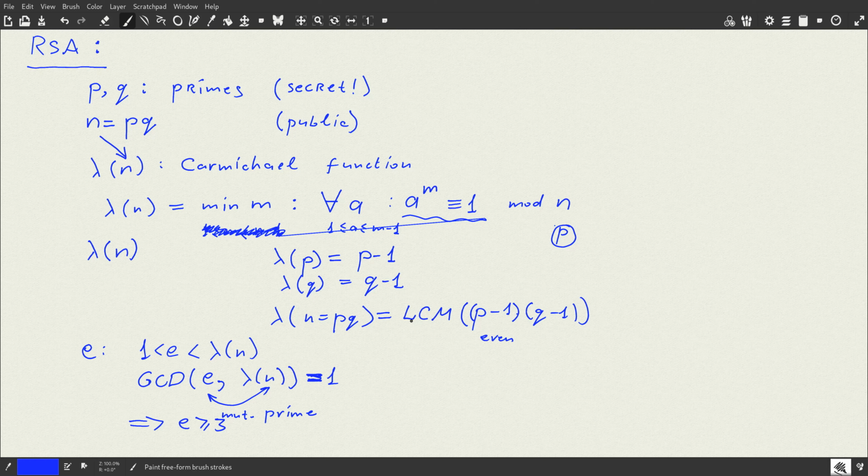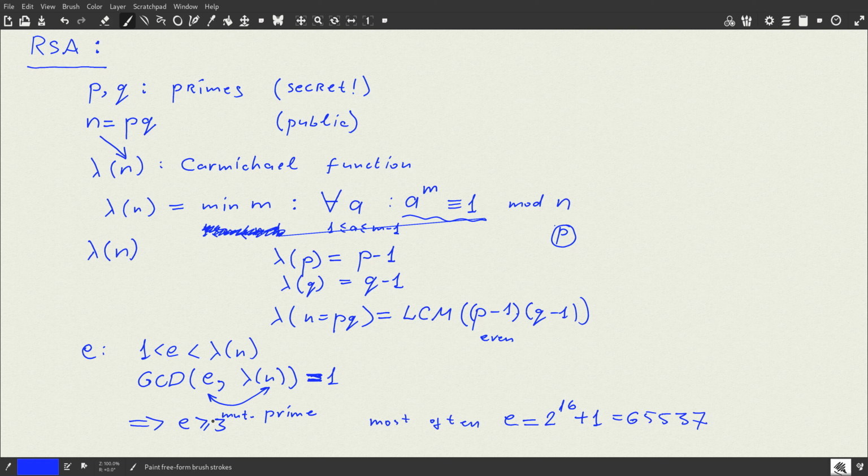So in most current implementations, E is taken to be 2 to the power 16 plus 1, which is obviously 65,537. Although the algorithm would work with E equal to 3.